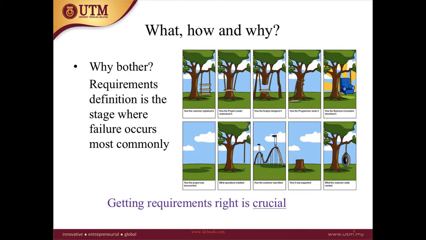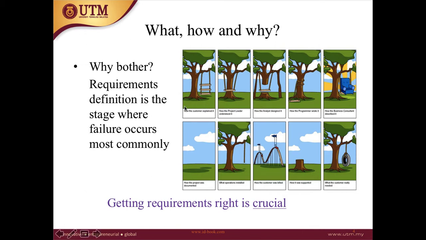Okay, what, how, and why? Looking at these images, you see a tree and a kind of swing. Why is user need important? Because we have to make sure that what the user wants is correct.